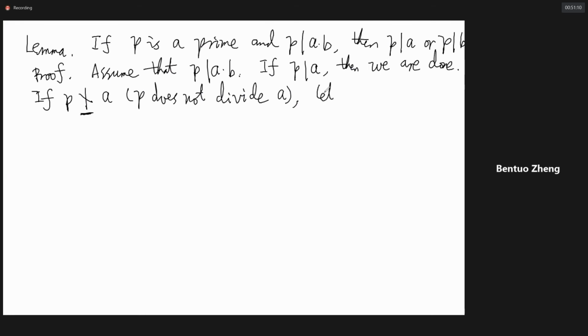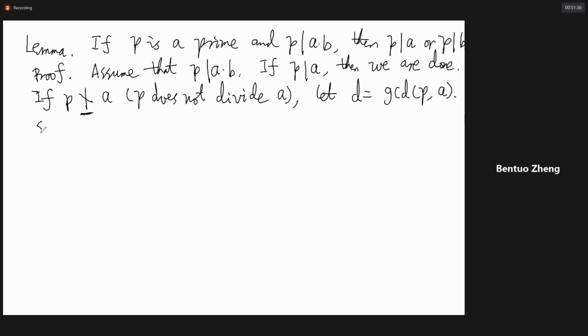Well, let D be the greatest common divisor of P and A. Since P is a prime number, the divisors of P are just 1 and P itself.